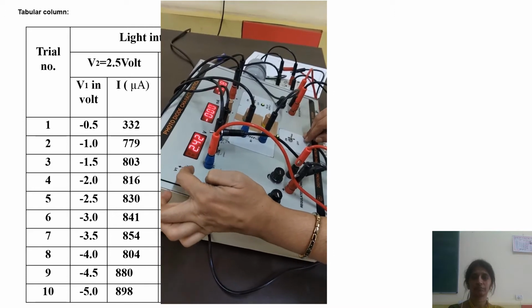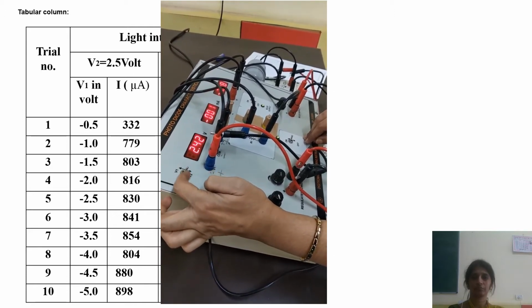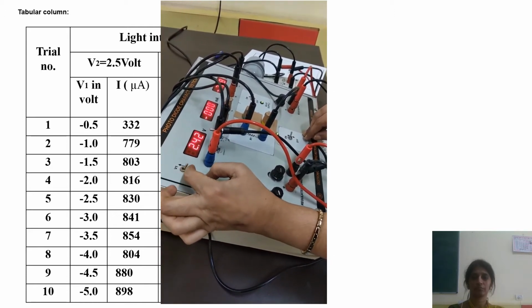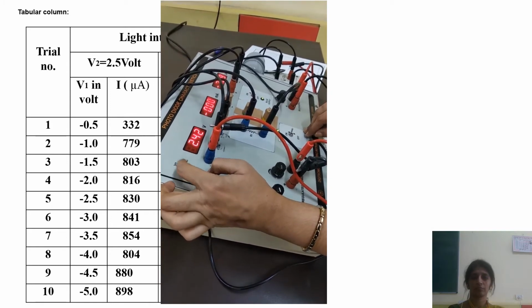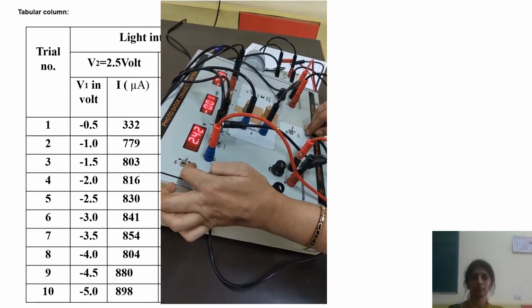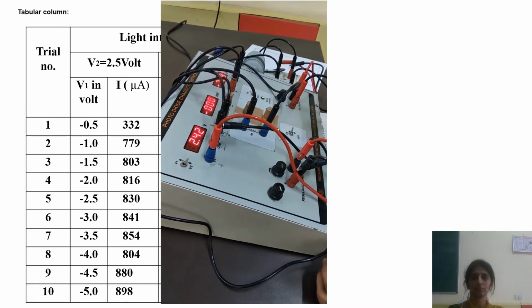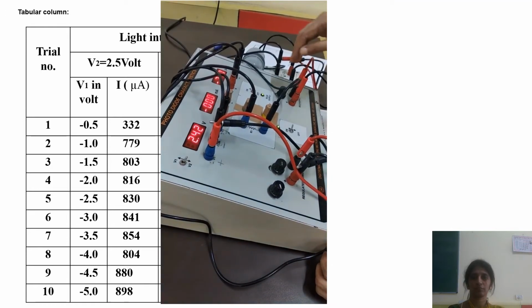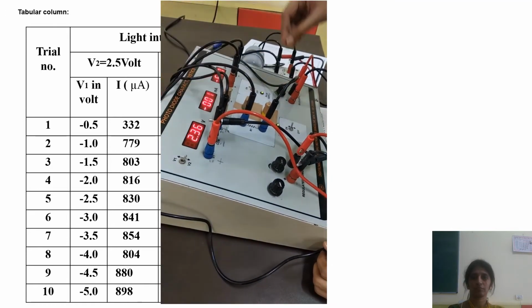V1 and V2. So this knob switches to V1 as well as V2. So the display can be used either for V1 or V2. First we have to keep it on V2. V2 represents the bulb voltage. So the bulb voltage we have to set initially at 2.5 volt.